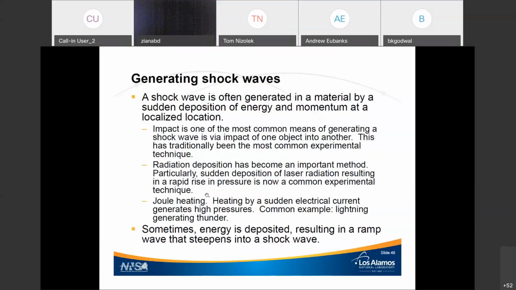Joule heating, heating by sudden electrical energy deposition. Lightning in a thunderstorm, and the thunder generated by that lightning, is an example of a shock wave generated in a material, air in this case, by Joule heating. Sometimes you can also deposit energy over a period of time, resulting in a ramp wave that steepens into a shock wave.